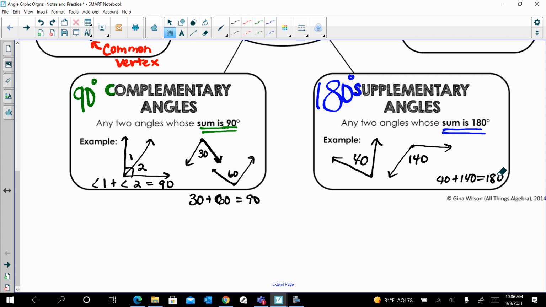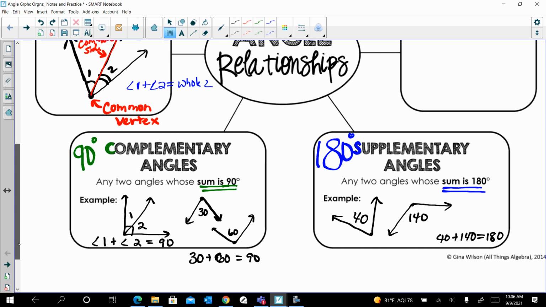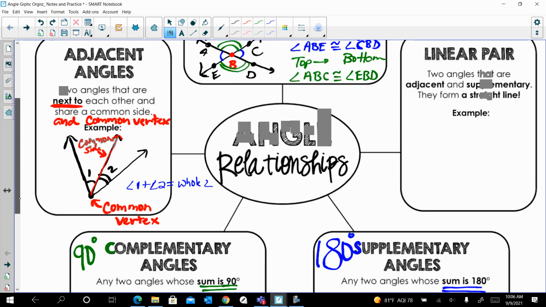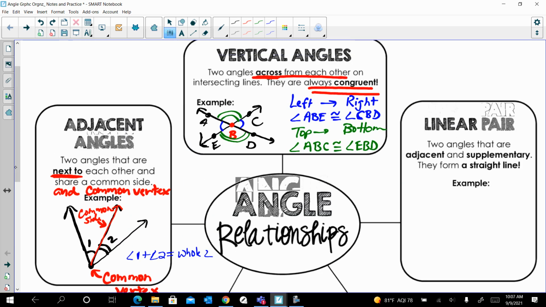And then the last pair that you're kind of familiar with because they're supplementary is the linear pair. Sometimes for linear pair I put LP. Now, this is just two angles that are adjacent and supplementary.